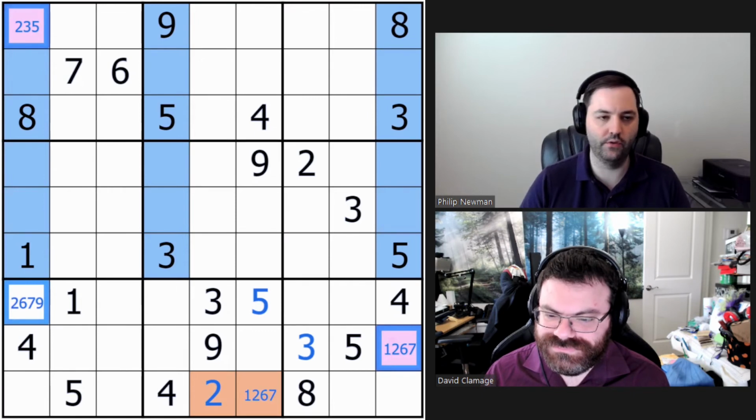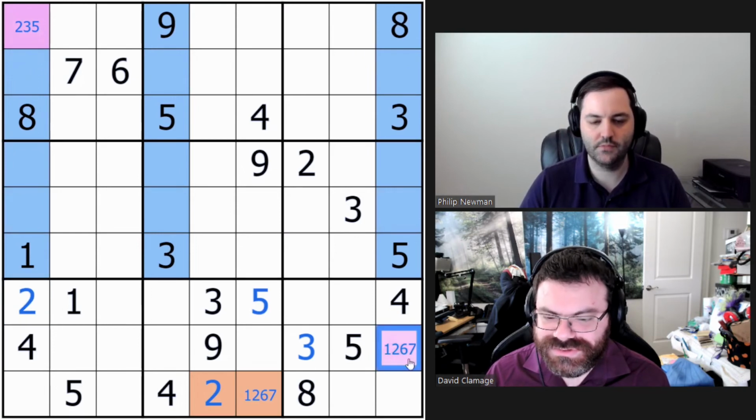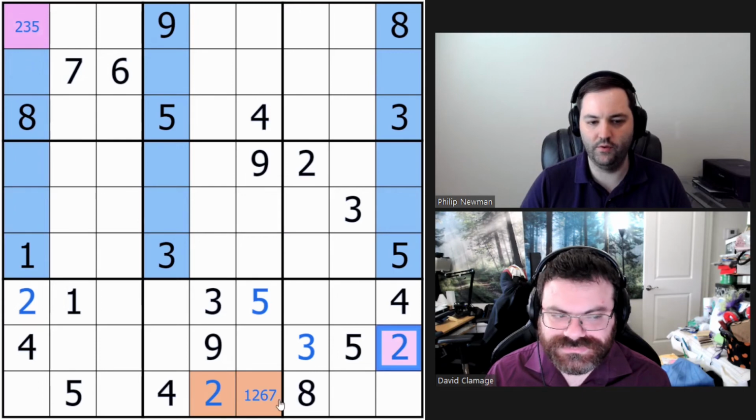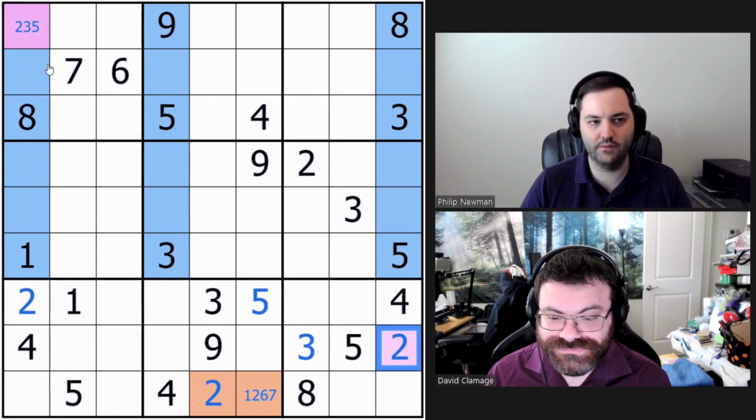It has to be in at least one of those cells. What happens if it's here, though? It just immediately places the 2 in that target. So if 2 is in orange, it's in one of the targets. We know that's not going to work out because this target has to be the 2.